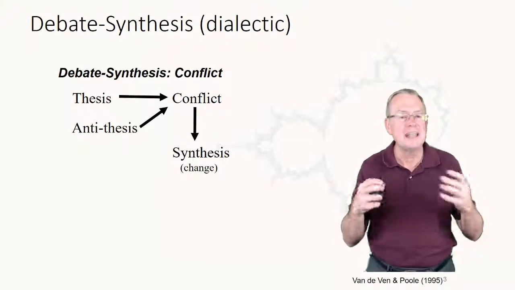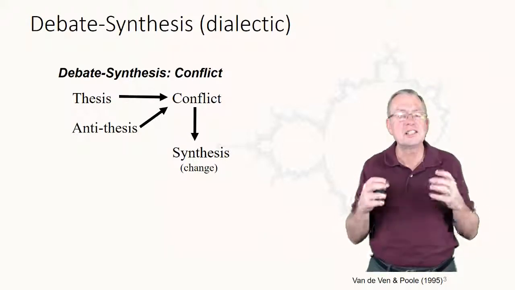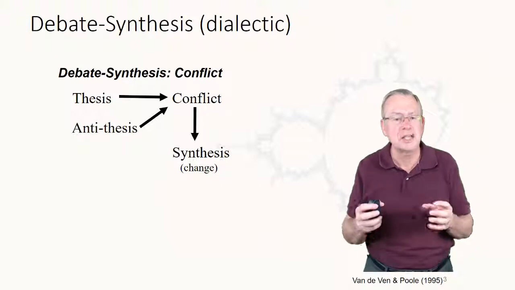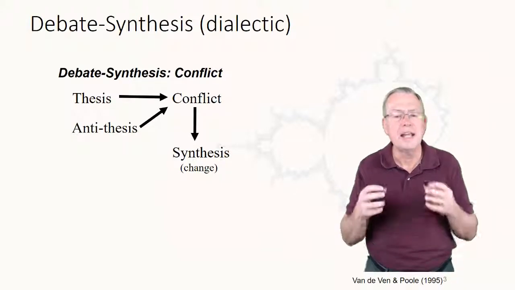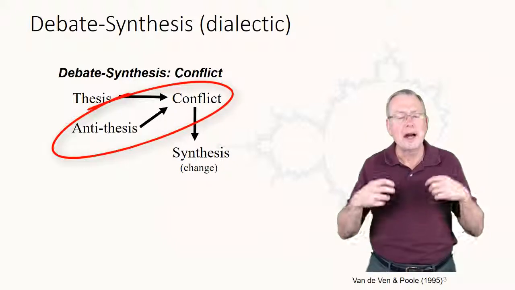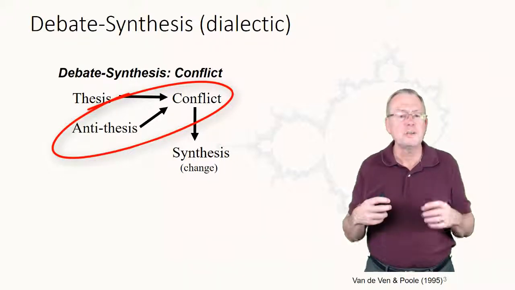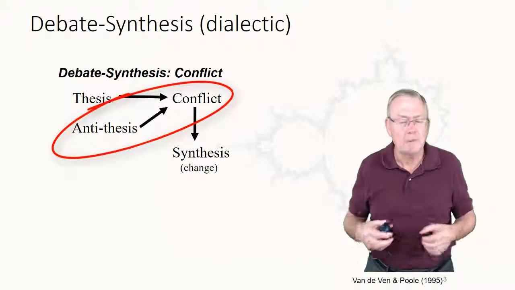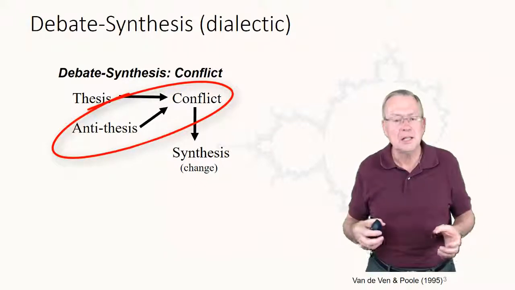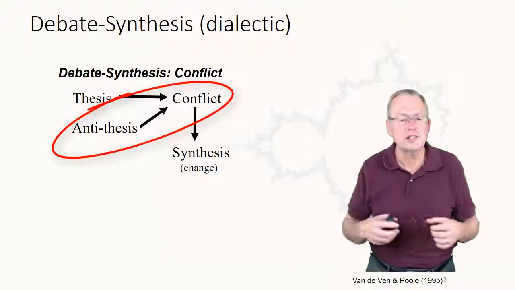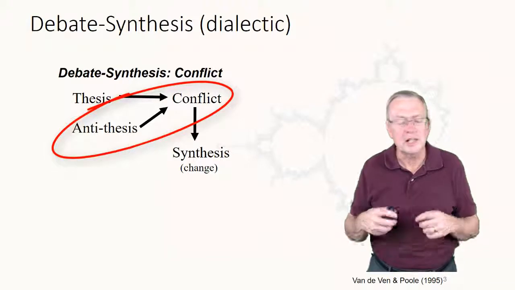This is where you have an idea, the thesis, the situation as it currently exists, and you purposely create a conflict with another idea. This conflict may be driven by competition, may be driven by pain, may be driven by interpersonal relationships within the organization.